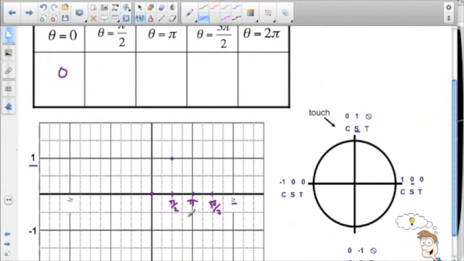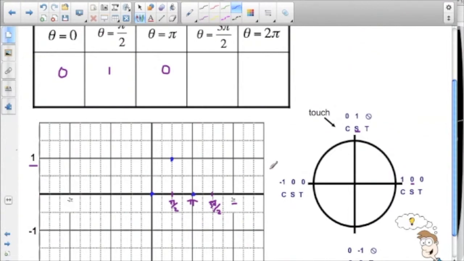Pi over 2 is 1, so I know that's 1. So 1 is right here, so I got that dot. Okay, pi now. Pi is over here, and sine is 0, so I come back here. Let's use a different color so I don't get mixed up, maybe a blue one. Okay, so the first dot, second dot, third dot.